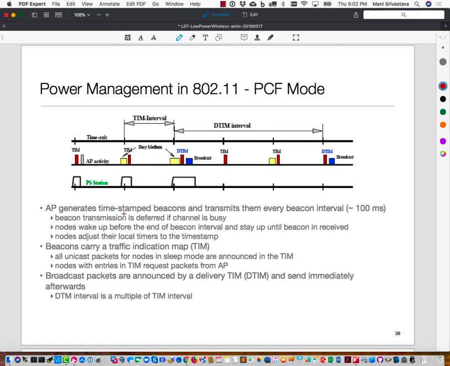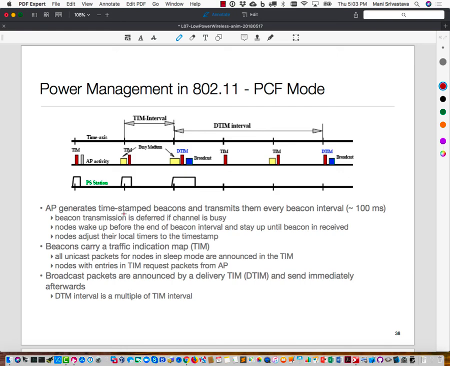The traffic indication map is basically the base station telling everyone who all it has packets for. It's like a little table. All packets received for nodes which were sleeping and have been buffered there are announced. And nodes which woke up in that cycle and find that the traffic indication map says there are one or more packets for them are going to request it from the access point and ask for it.